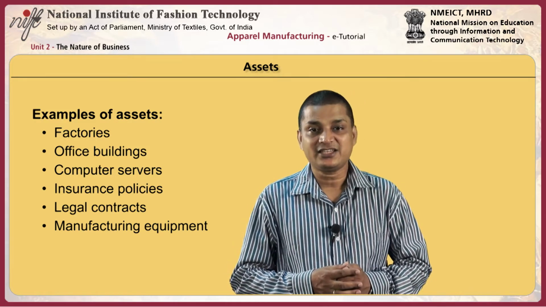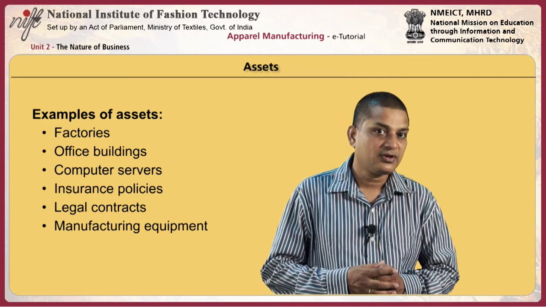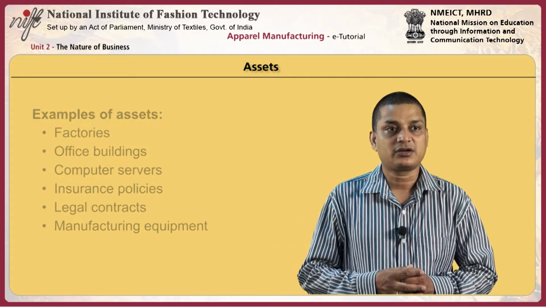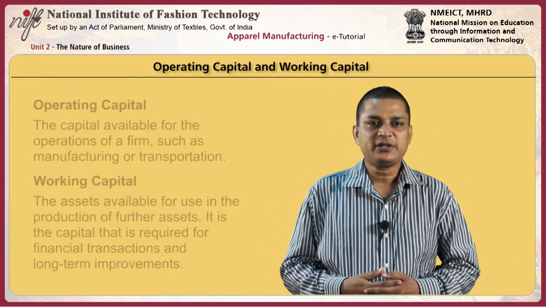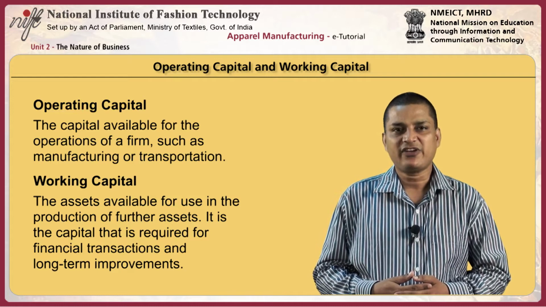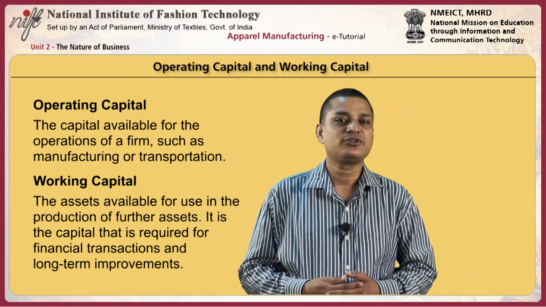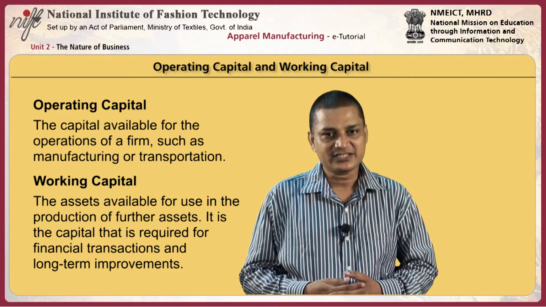In short, anything that is not continually purchased in the course of production of a product or service. Operating capital is the capital available for the operations of a firm such as manufacturing or transportation. Working capital is the assets available for use in production of further assets.